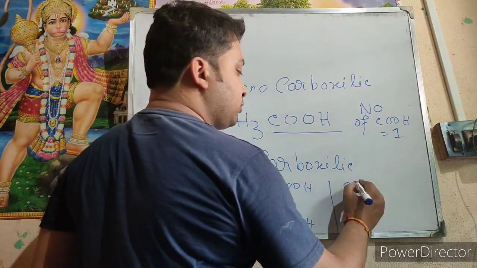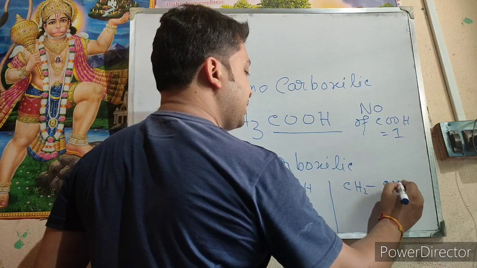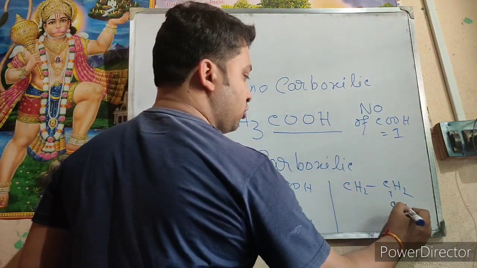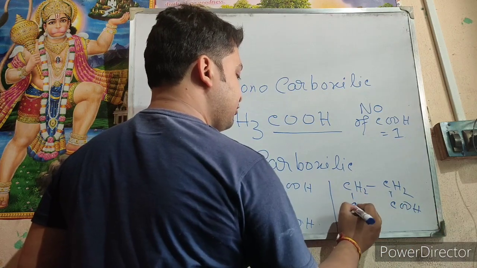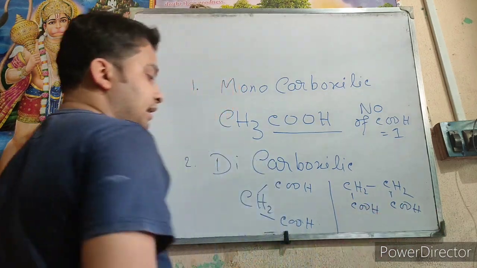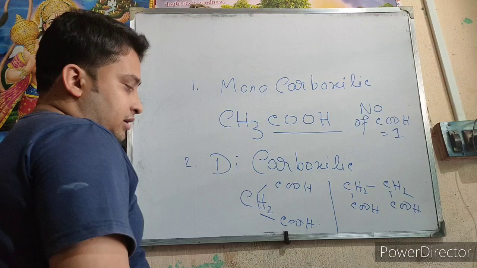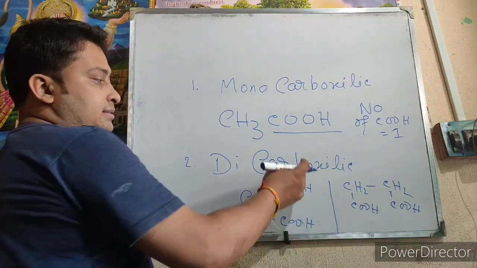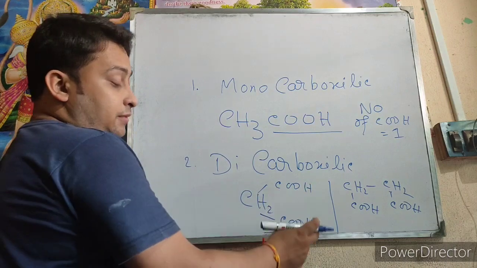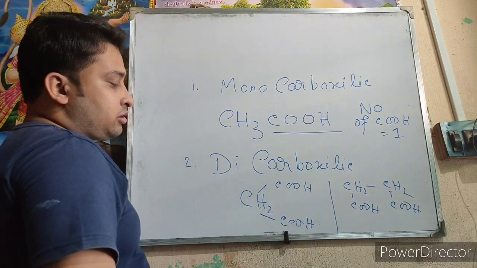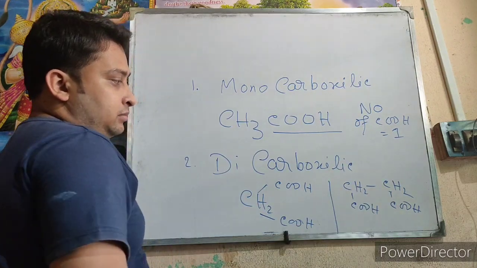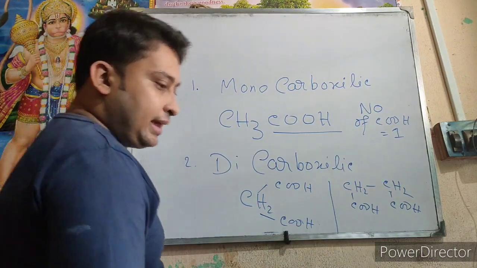You may represent it as CH2, CH2 and COOH, as vicinal, or as geminal. So these are dicarboxylic compounds due to the presence of 2 COOH groups on the same carbon or different carbons.